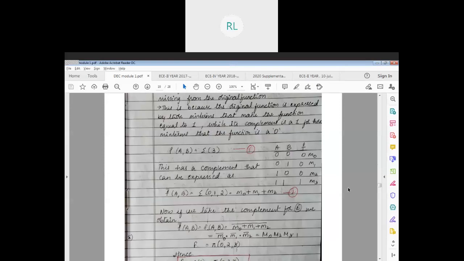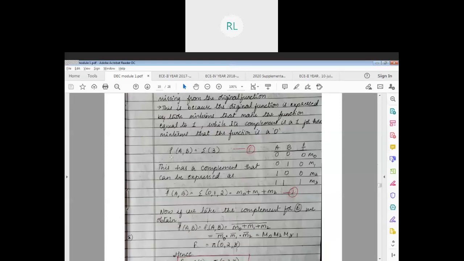Take this truth table as an example. I have a 2-bit combination, which means I get 4 combinations: 0 0, 0 1, 1 0, 1 1. For the last one, I get a high value. So what is going to be my equation? F, and what are my input variables? A, B, and that is nothing but summation 3.